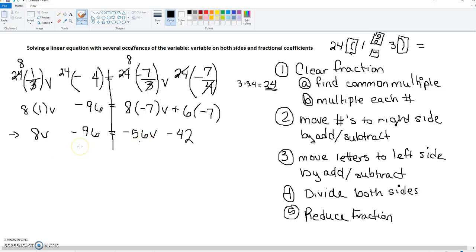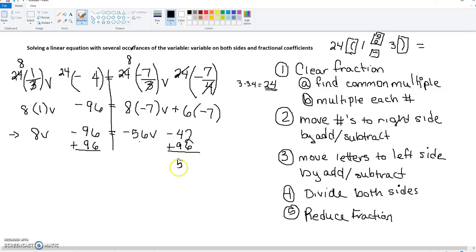Okay, now from here, we're going to go ahead and solve the equation like we normally would. We're going to move our numbers to the right side, so we're starting with this negative 96. And since it's negative, we're going to add 96 to both sides. Okay, so we've got negative 42 plus 96.